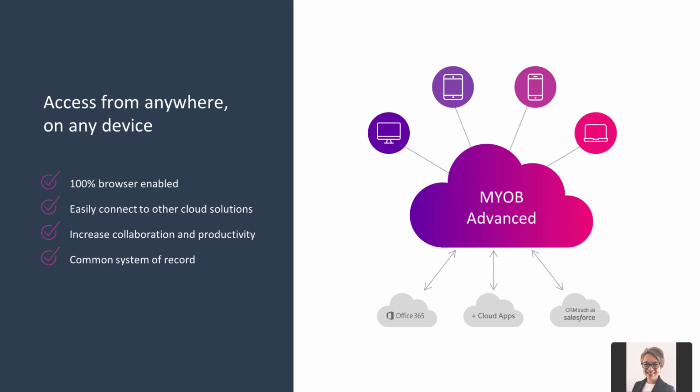So, built for the cloud, MYOB Advanced was built for the cloud and for the mobile workforce. It runs on any device using a browser. It has a responsive, also called adaptive design, meaning the screen resizes based on the device being used. This means that real work can be performed using any device without learning a new interface.